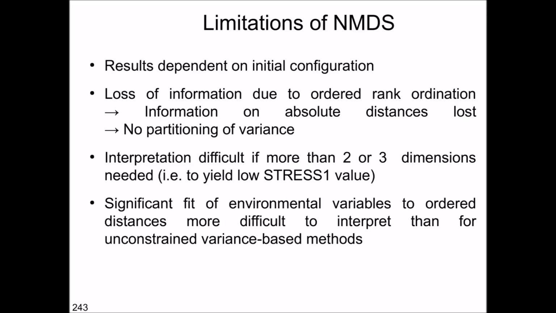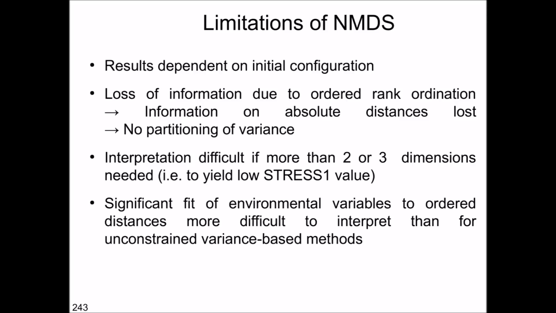While there is a high flexibility and it's a highly robust method, there are some limitations of NMDS. First of all, the results depend on the initial configuration. That's why we run this several times with a different initial configuration.